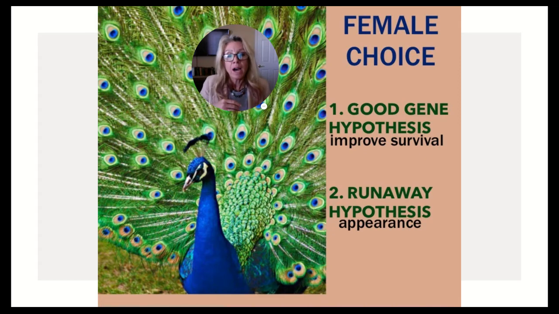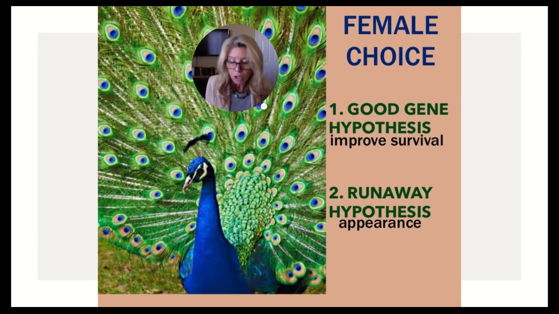So it's all about looks. Now, there could be more to that, because he could have these bright colors, and that means he's very healthy because of his good coloration. Or it could actually mean that he has good genes, because if he's this brightly colored and he is able to survive and get away from predators, maybe he has a good gene. So it could be a combination of both.